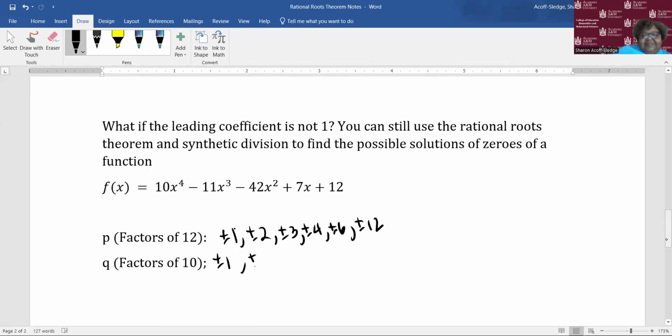I was going to put a 3. It's not a 3, it's a 5. And then plus or minus 10.